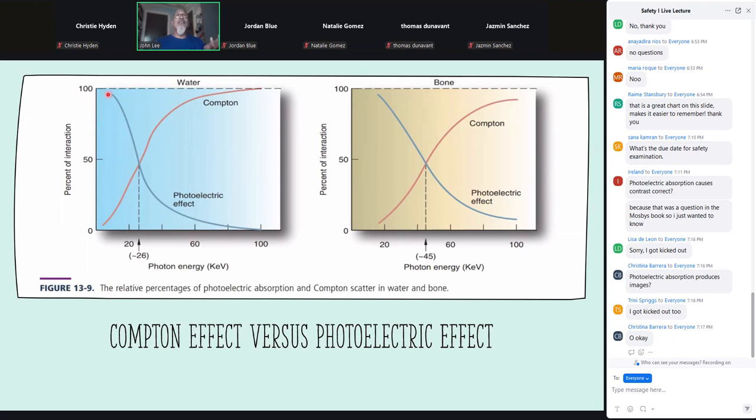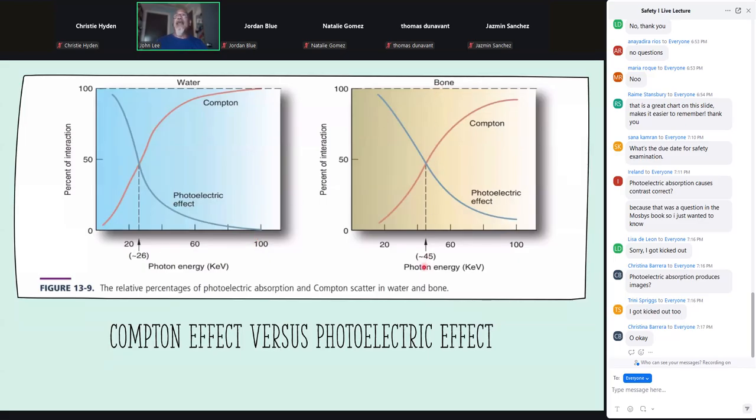At the low energy range, we're going to have a lot of absorption. But as the kV goes up, we're going to have less absorption. And it's right at about 26 kV where we get a cross, and we're going to have a great increase in Compton interactions versus photoelectric interactions. We're going to have less absorption as our kV goes up.